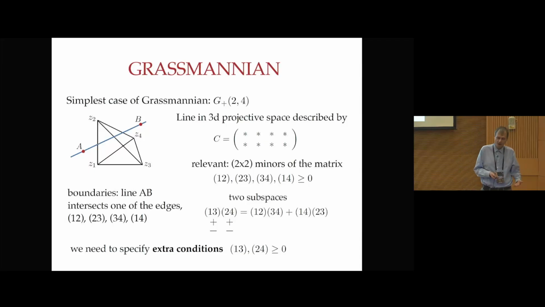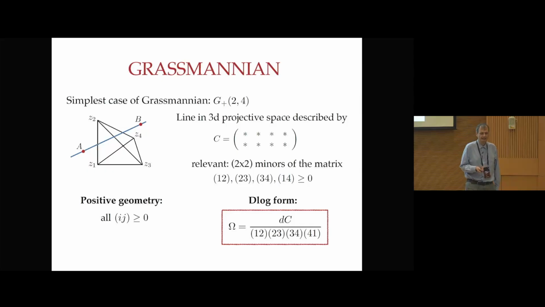You also have to say something about the signs of the other 2 minors, 1,3 and 2,4, which are not boundaries of the space. We either have to say that they are both positive or both negative. So that's the first example where the geometry is not specified by boundaries. And the positive Grassmannian has these 2 minors positive. We have to specify these extra conditions, despite, again, that they are not boundaries of the space.